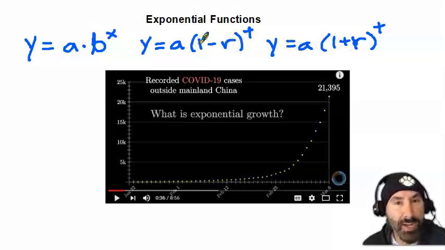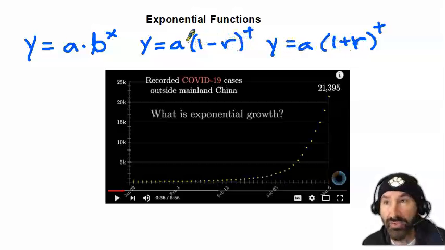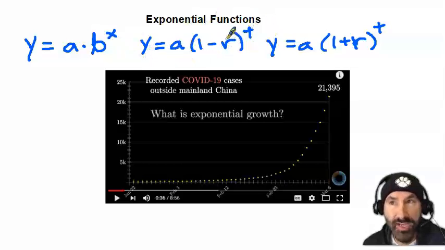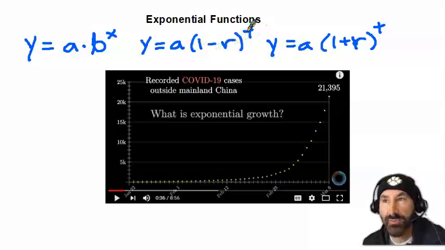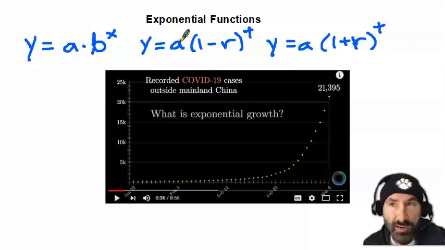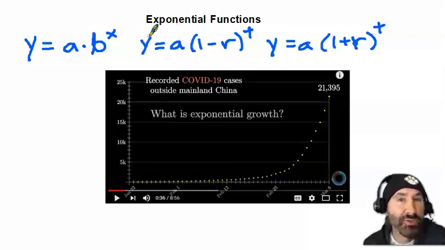If we're talking about buying a new car and it depreciating in value, we'd use a formula that looks like this. Whatever the rate is that the car goes down in value would go here where this little r is, and then we do 1 minus r, and that gets us our base, and then we would raise that to the power of the number of years that you hold the car for, and a would be the initial amount that you paid for the car. Y would tell us how much the car is worth after so many years.